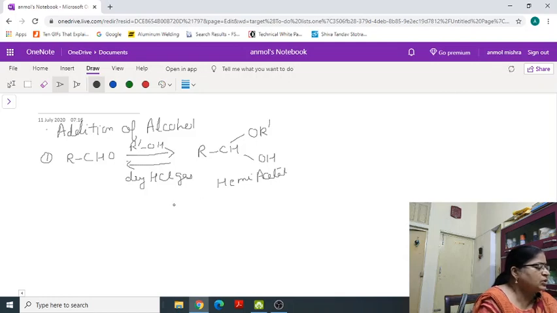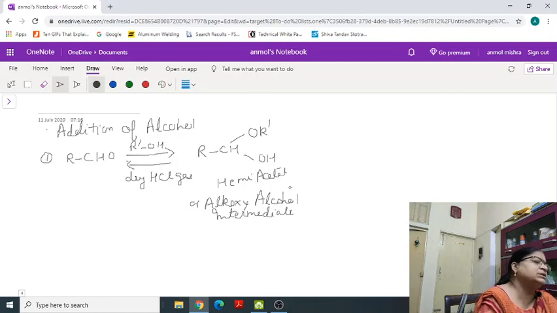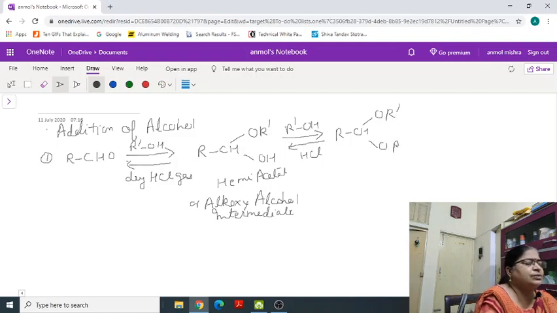hemiacetal, also called as alkoxy alcohol intermediate, when it combines with the second molecule of alcohol, and again dry HCl gas, it forms OR dash and OR dash.